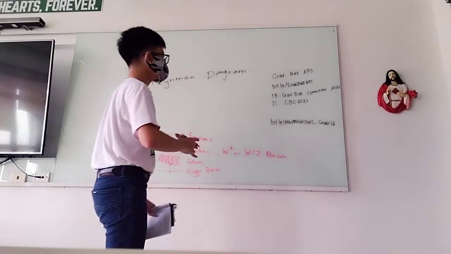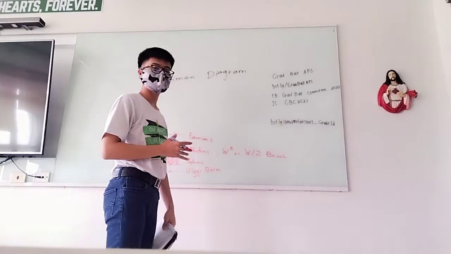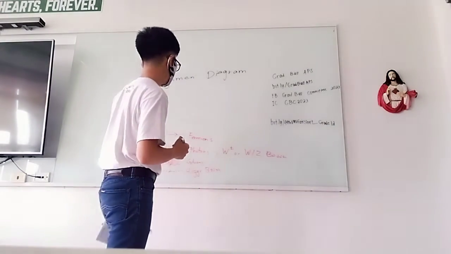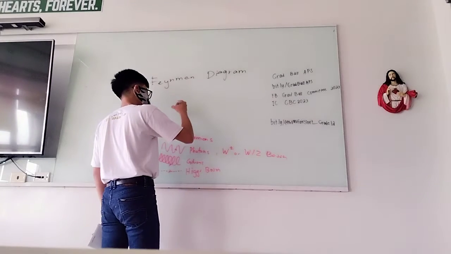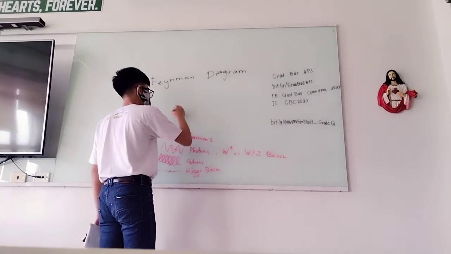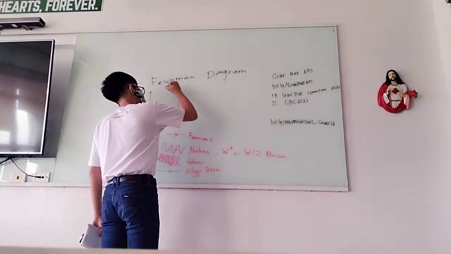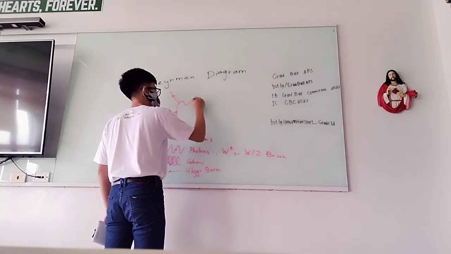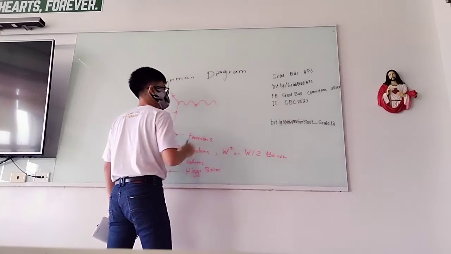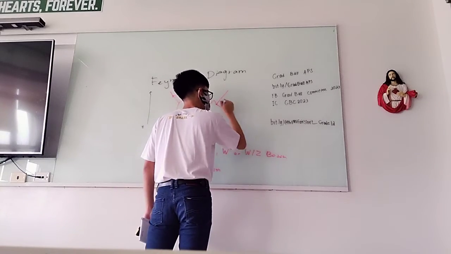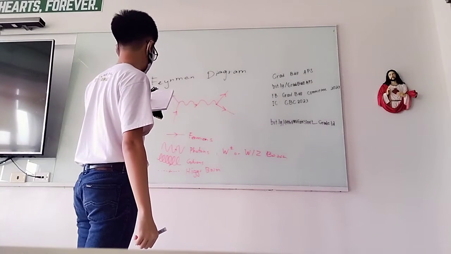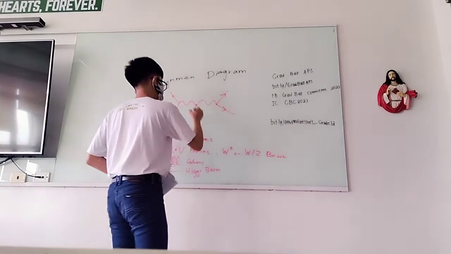We want to show the decaying process, or what happens when a top decays into a bottom. The diagram goes like this. There. That's the process. And this one is the W plus boson.